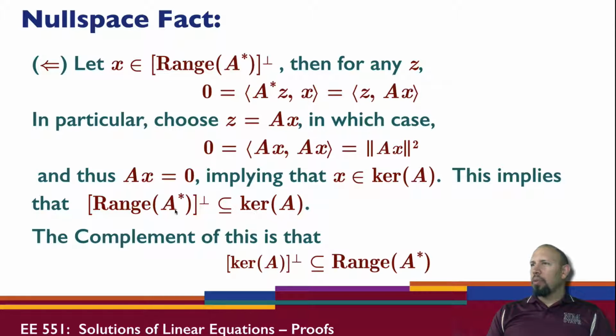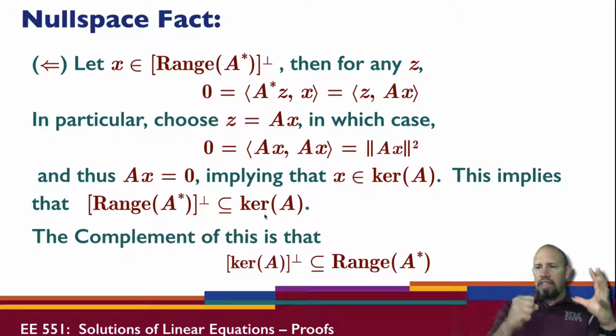Okay, so we have this condition. So what does this mean? If you think in terms of Venn diagrams, this set is inside of this set, right? Now what happens if you take the complement? The complement is everything outside of the set.